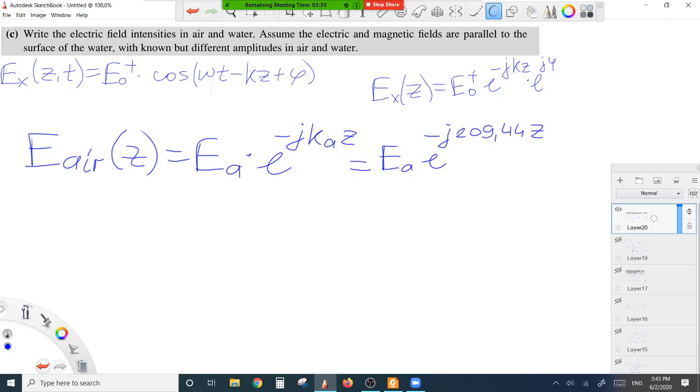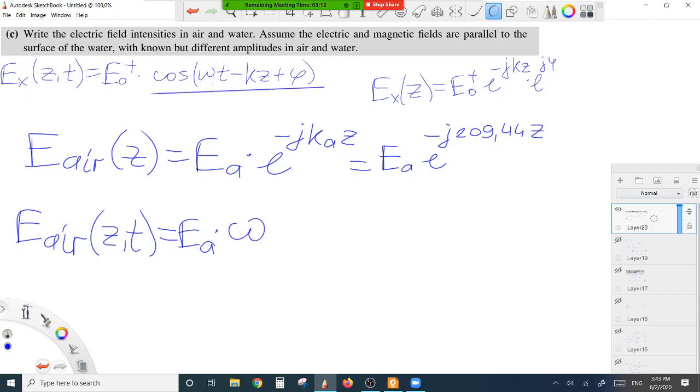If we write it in time harmonic form, E air of z and t, we will get the amplitude E_A multiplied by cosine of omega t minus k z.